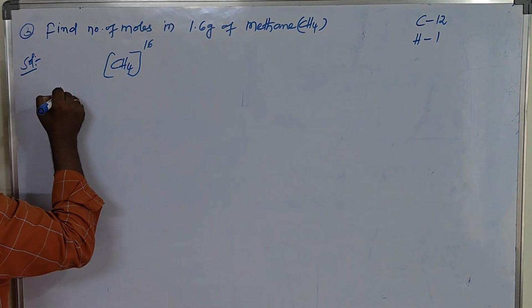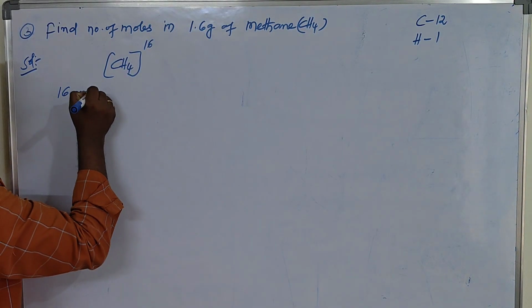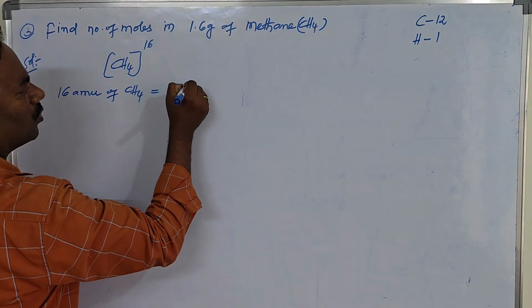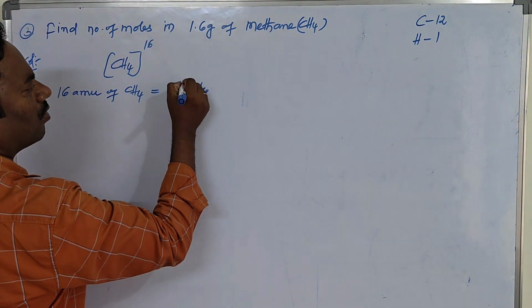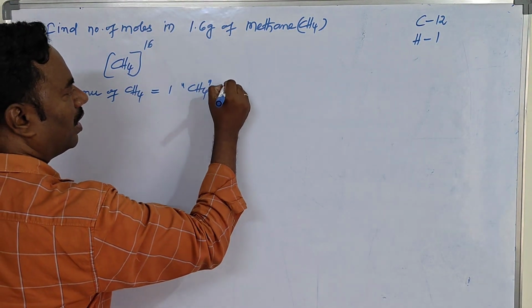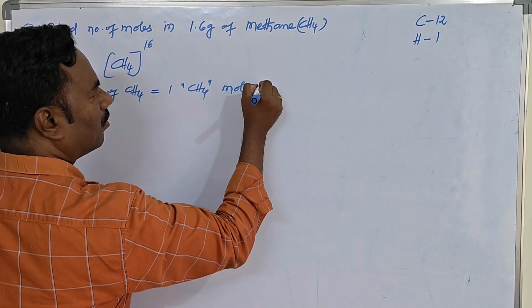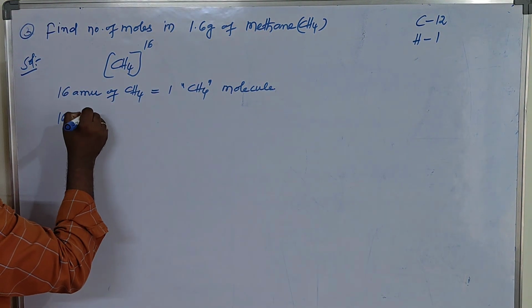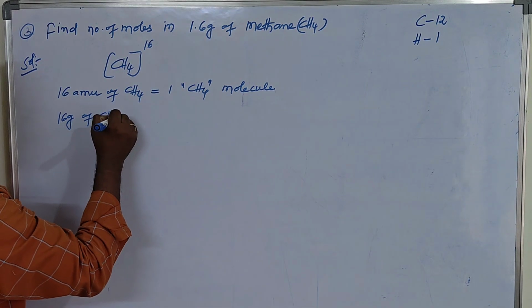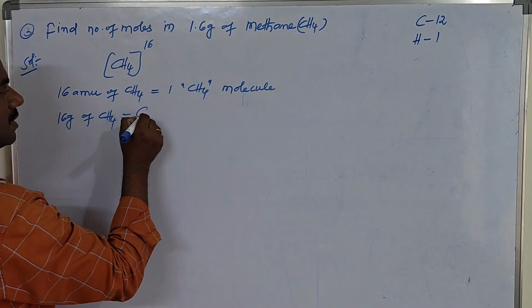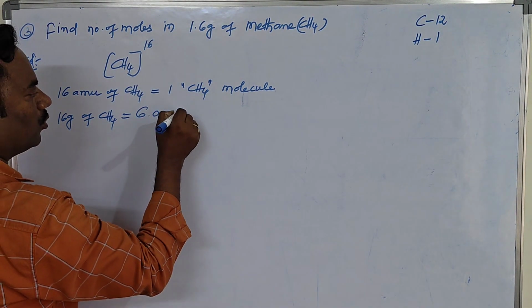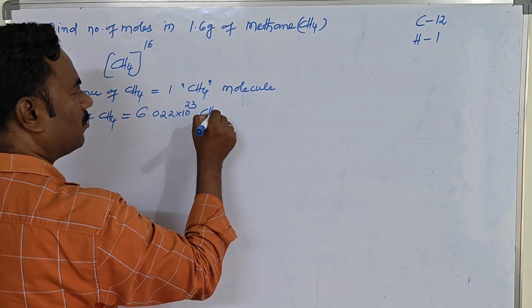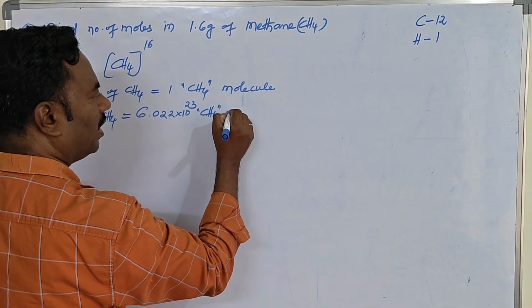You need to write the basic data. 16 AMU of CH4 is equal to 1 CH4 molecule. 16 grams of CH4 is equal to 6.022 into 10 to the power of 23 CH4 molecules.